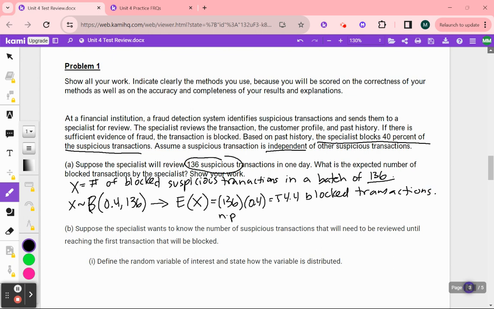You might think you're done, but you're not. This question didn't ask you to interpret the results in the context of the problem, but you always have to interpret your results in the context of the problem, so we still need to do that.